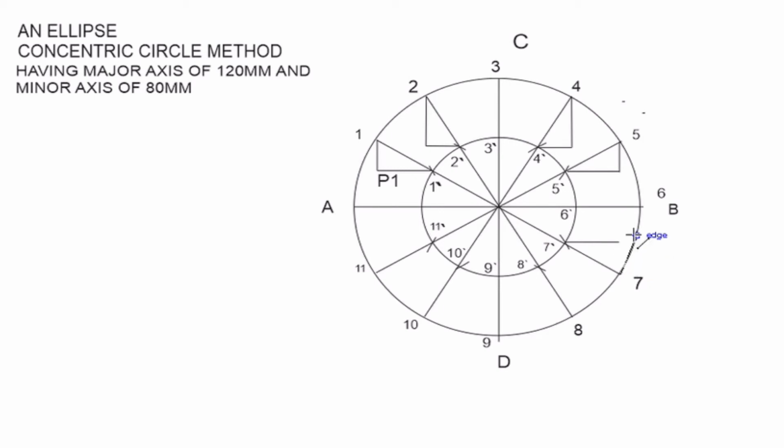Remember, I told you these lines must be vertical and horizontal. Where they meet, that will be our point P7.